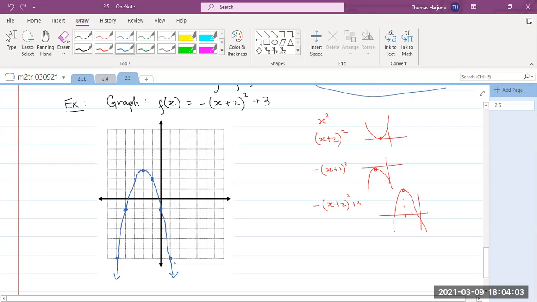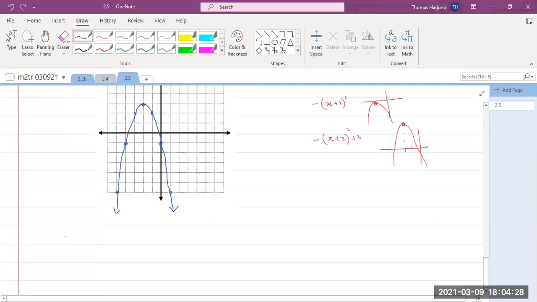Now, of course, from there you can see the axis of symmetry, the domain, the vertex, the range, the y-intercept, and you can compute the x-intercept. Okay, let's focus on the graphing more today. Let's apply this to this guy.